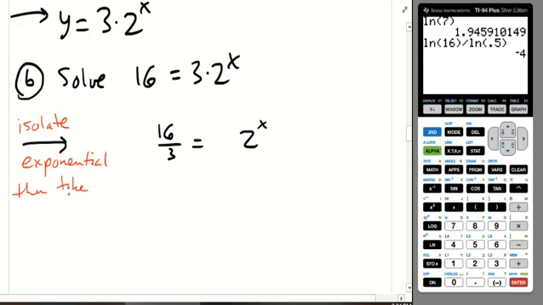To do that, I can take log base 2 of both sides. The reason why I do log base 2 is because the base is 2, and so the log base 2 and the 2 will cancel. What I'm left with is log base 2 of 16 divided by 3 is equal to x. And that's the answer.